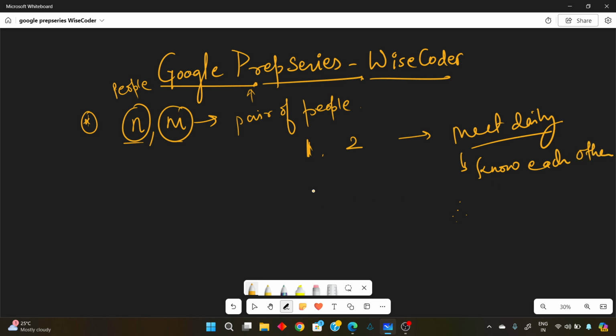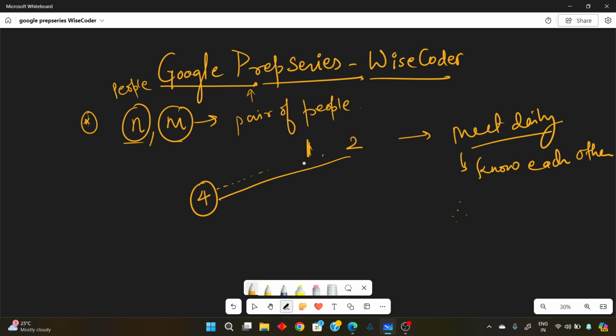A third person, suppose there is a person 4, I can say that this person 4 knows 1 if person 2 is connected to 4.